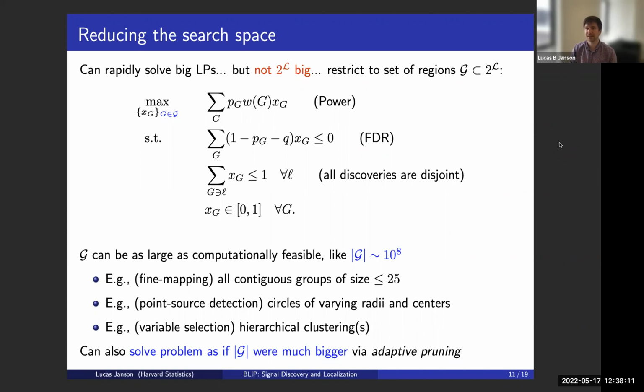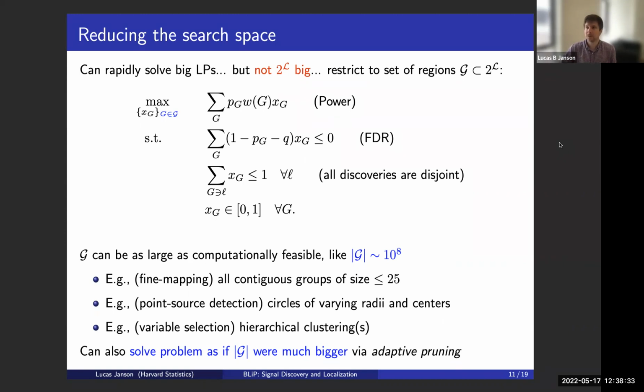If that probability is like 10%, and we're trying to control the false discovery rate at 10%, then that group basically has a 90% probability of not having a signal in it. So there's almost no way we would ever discover that region while controlling the false discovery rate, and we can just completely discard that group and not even consider it in our optimization.